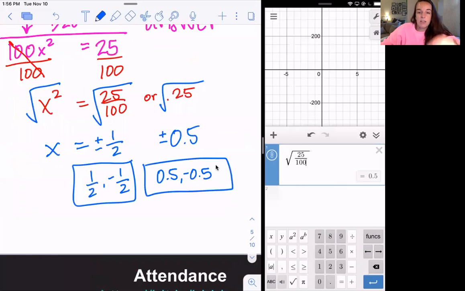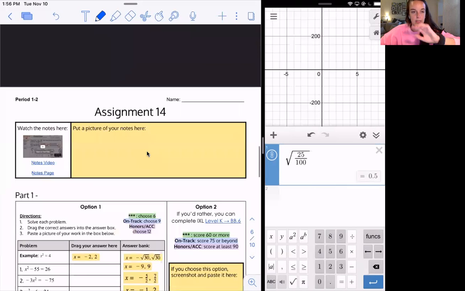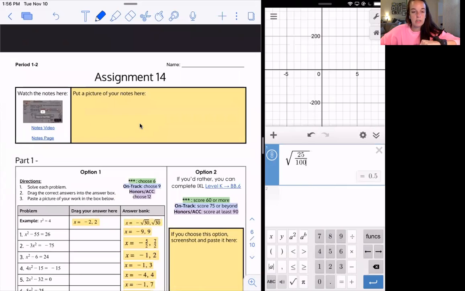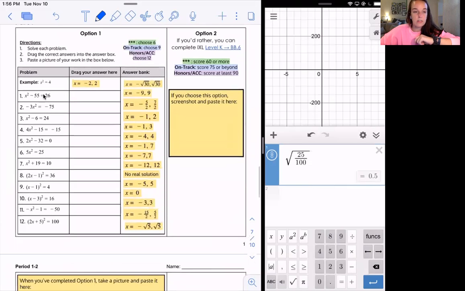All right. You guys did an amazing job. If you're feeling good, if you got those problems, I want you to go ahead and look at the assignment today. You're going to drop in a picture of your notes, and then you do have your answer bank here. You're going to solve each of these problems. Notice how many you have to do right here, either 6, 9, or 12.